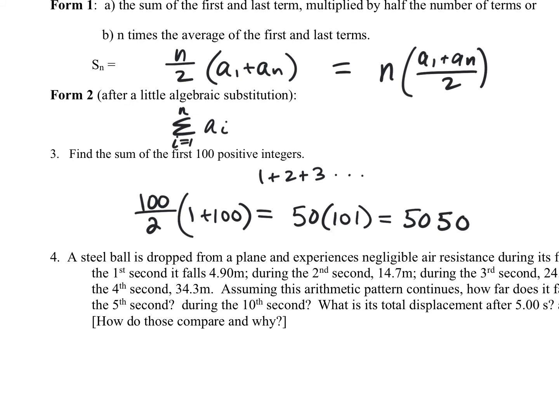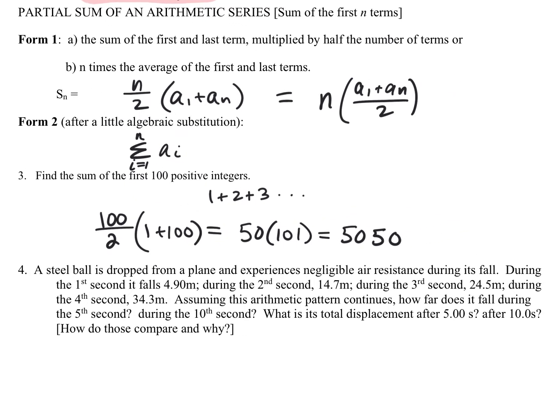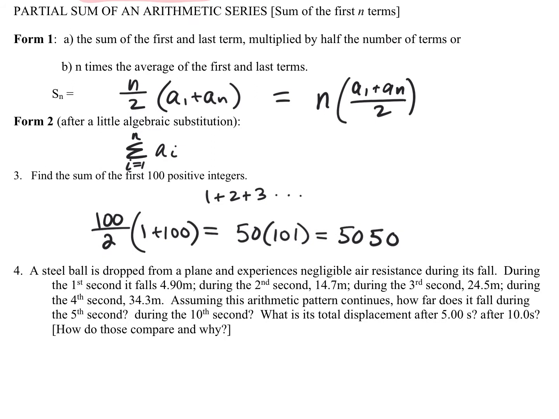The way to understand this more intuitively is that if we were to fold this whole sequence onto itself, every pair of numbers would map onto another. So the end of this sequence would be 98 plus 99 plus 100. Well, if I take the two outermost terms, 1 and 100, I get 101. 2 and 99, I get 101. 3 and 98, I get 101.